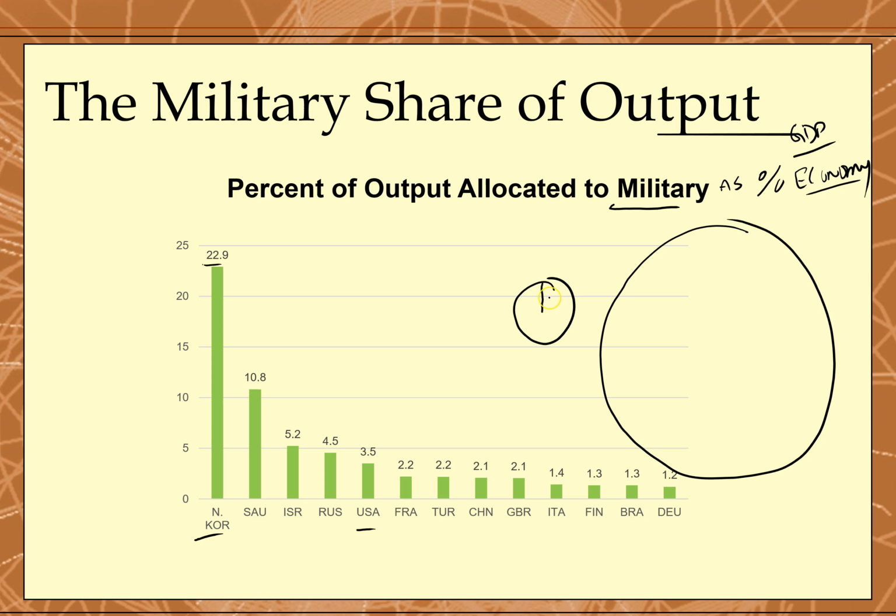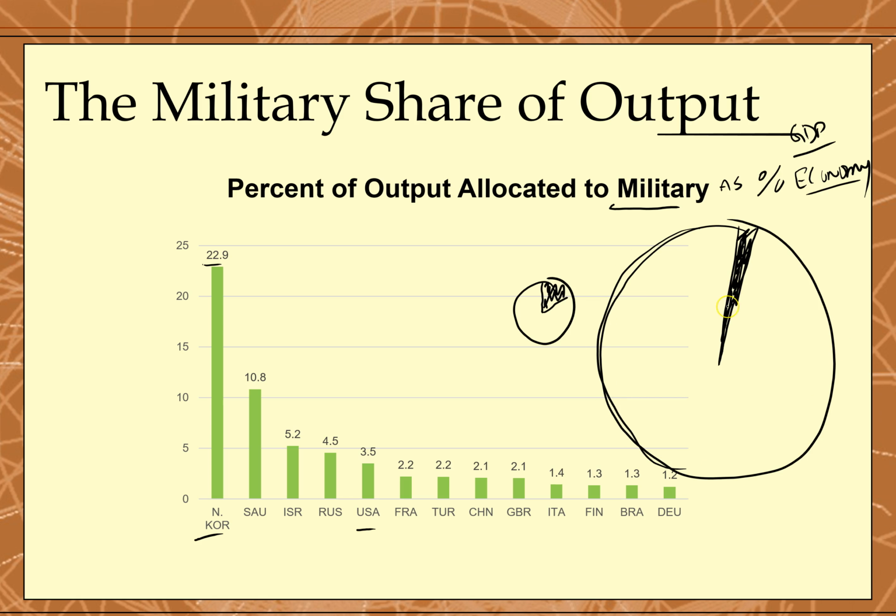Let me draw that more. So we're talking about a fifth of their economy is the military right here. And for the United States, it's this. Now, since this slice is a part of a much bigger pie, the United States spends much more.